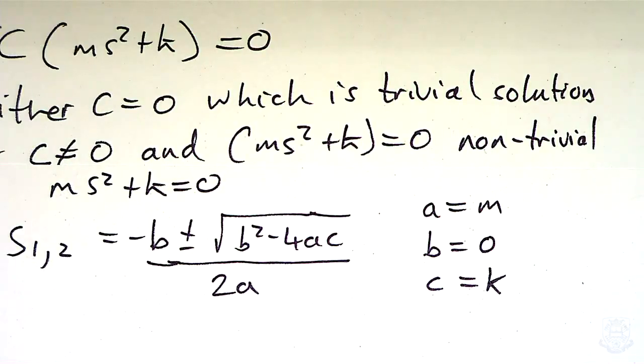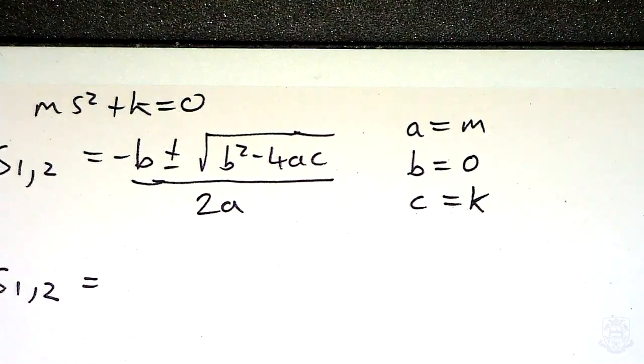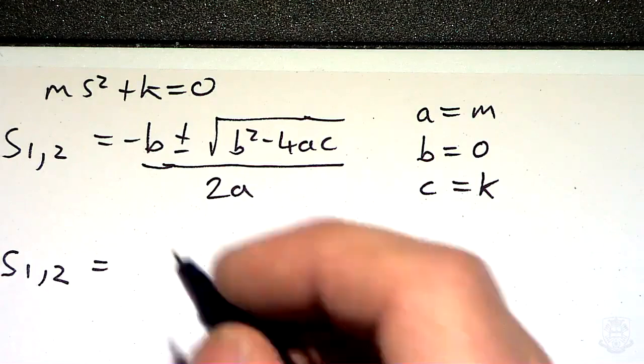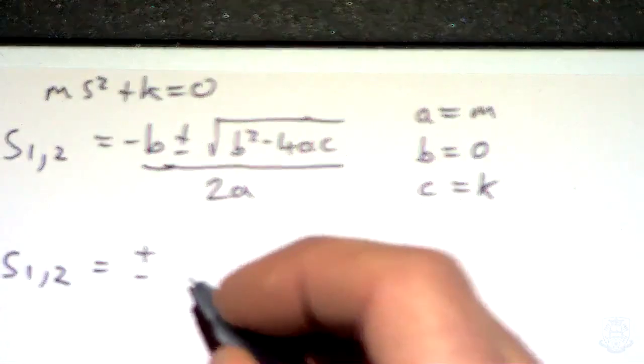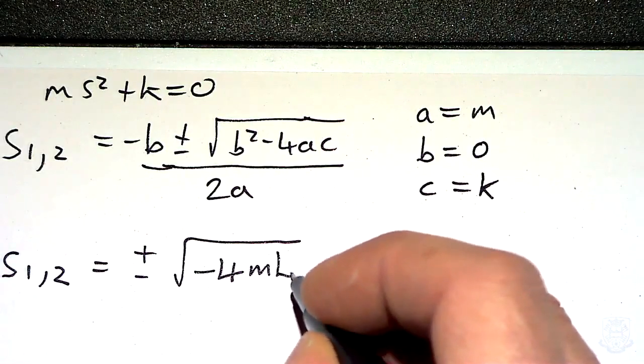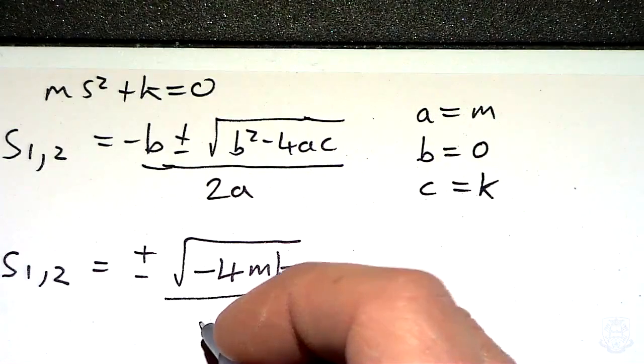So they're the three things that we've got to plug into this equation. So what we get is that s1 and 2 is equal to plus or minus the square root of minus 4mk all divided by 2m.